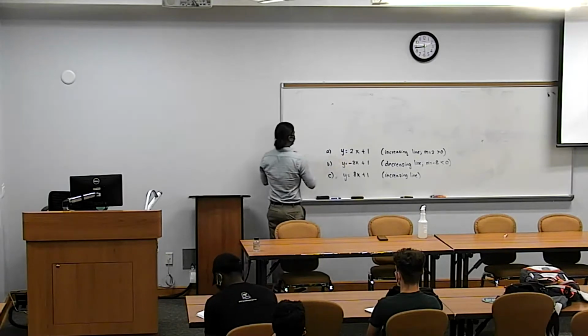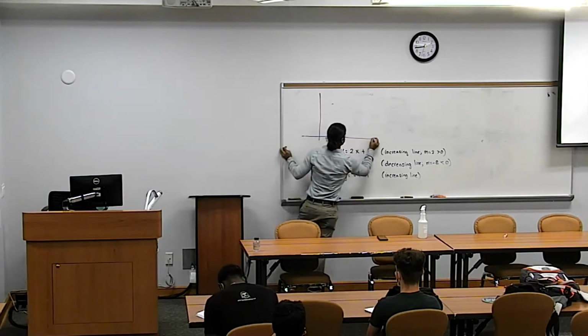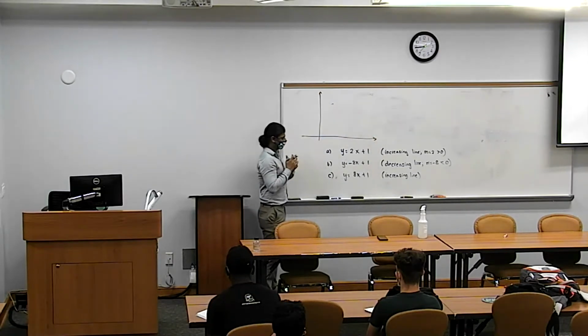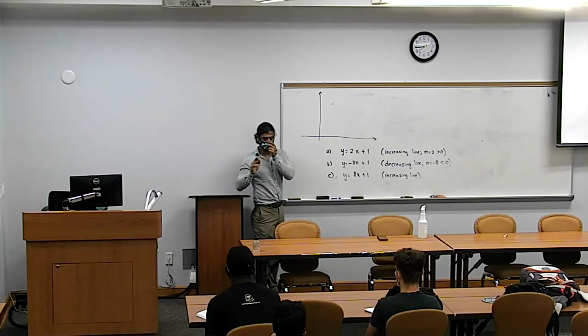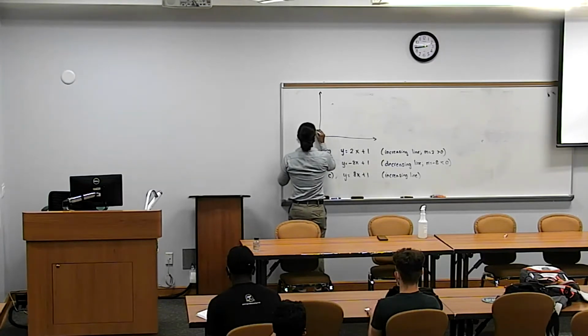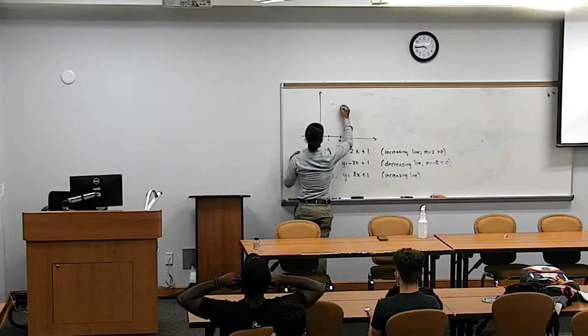Let's take the first one. So the purpose of this slope is to give us information about rate of change. Good. So that's 1. 2, it's about 5.